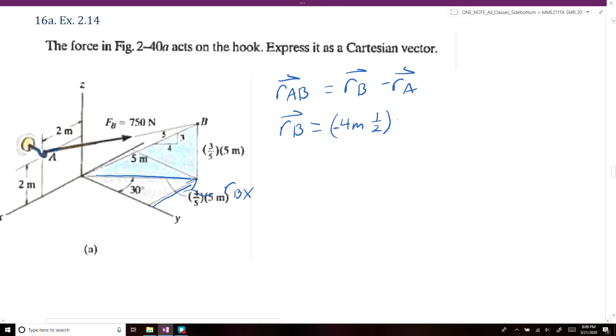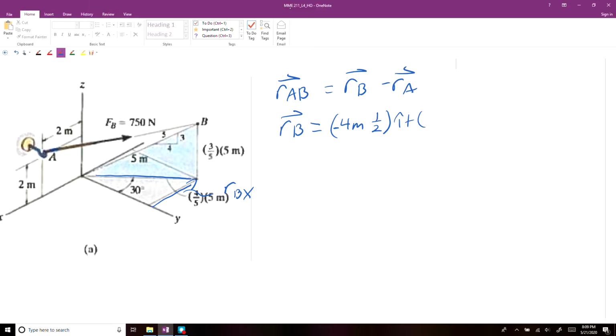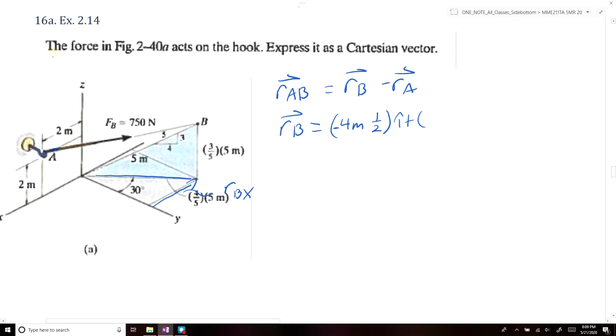Then for the y component of RB, that's going to be equal to 4 meters times the cosine of 30 degrees, which is radical 3 over 2.